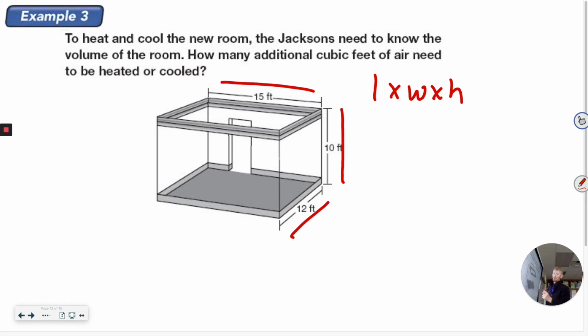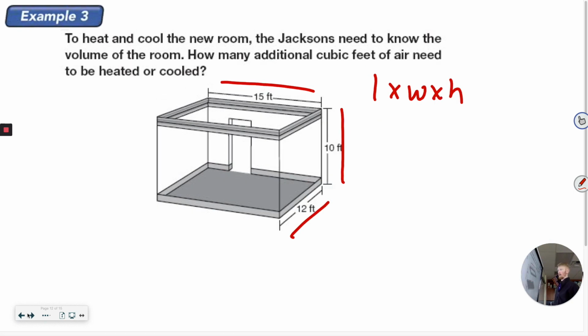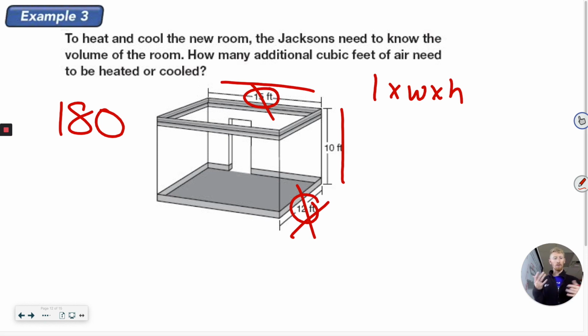What I'm going to do is I already did 12 times 15 over here, and I got 180. So I know that 15 times 12, I already did those, so I have 180 feet, and then I just need to multiply that by 10. In the previous lesson, you learned that when multiplying by powers of 10, like 10, 100, 1,000, a million, all you need to do is move that decimal spot over to the right for however many zeros.